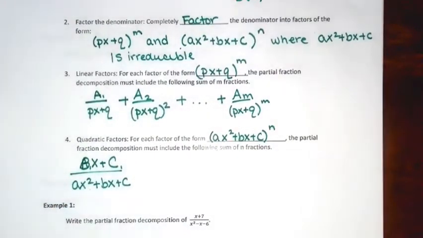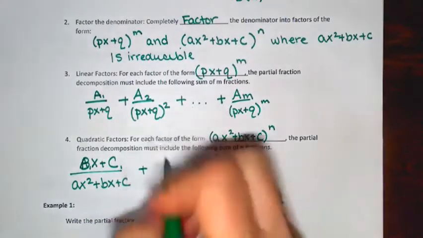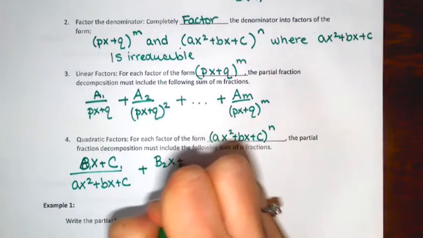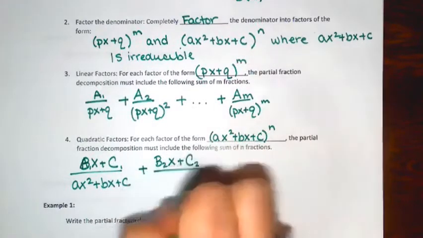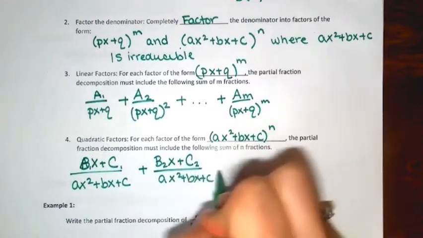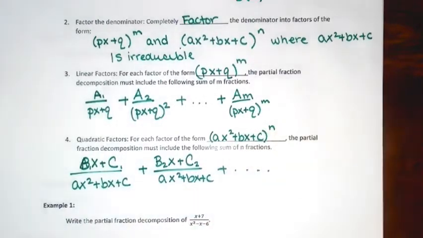Plus, say we have another denominator that's a quadratic. We would then use bx plus c over the same thing. Now, this seems a little confusing all the way out to our last one, but once you get the hang of it, it's going to be a little easier for you, I promise.